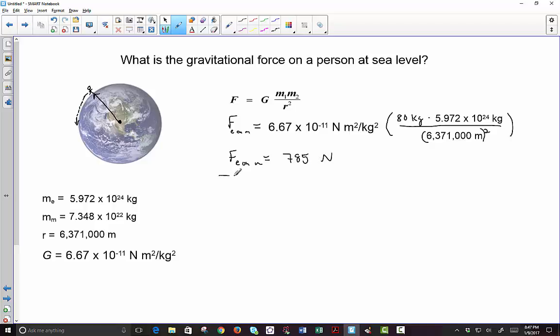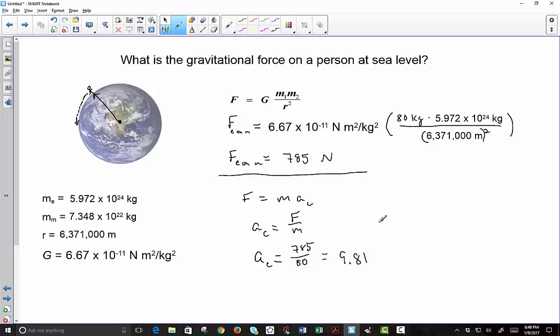But now let's go ahead and check the acceleration. If I wanted to know the acceleration, my force is going to be my mass times the acceleration. So the acceleration is going to be the force divided by the mass, which would be 785 divided by 80, which is 9.81806 meters per second squared.